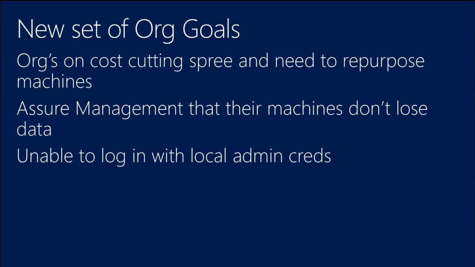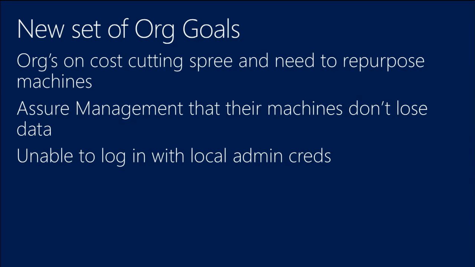So this is the kind of scenario we're building up. Maybe this has happened in your organization. You've gone on a cost-cutting spree. Those machines that are in the closet, you now actually have to pull them back out and give them to some people. They were in there because they had some interesting data, but you've forgotten what the administrator password is. So what do you do?